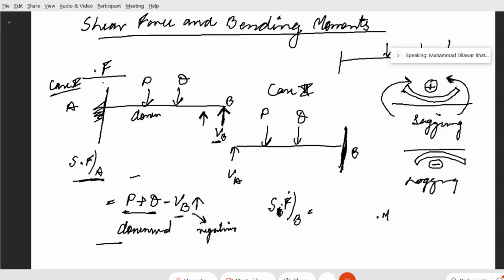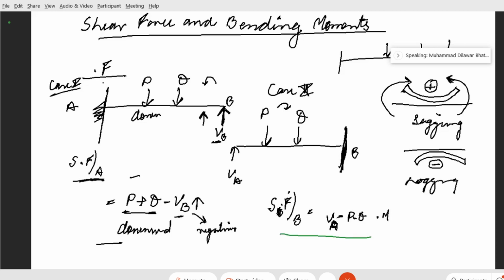Initially, the direction of VB was anti-clockwise. Now the direction of VB has become clockwise. Therefore, you will have to change the signs as well. Now it will simply be equal to VB minus P minus Q.